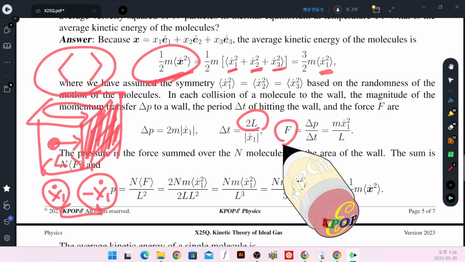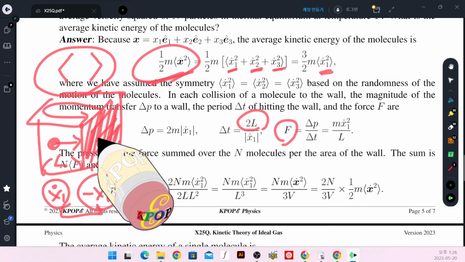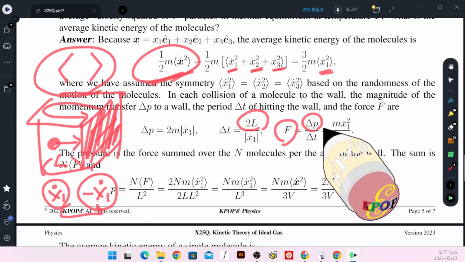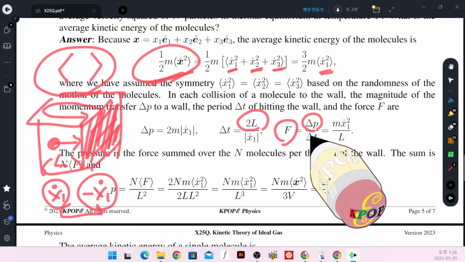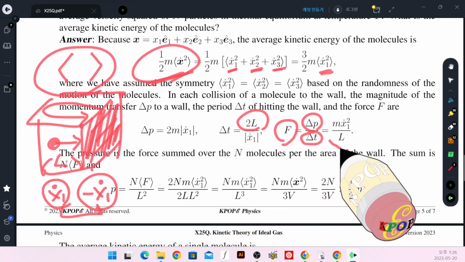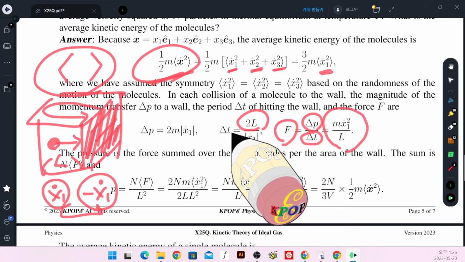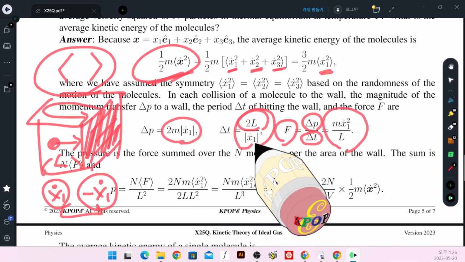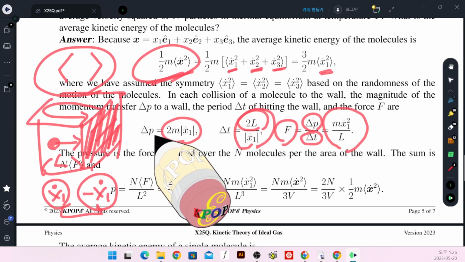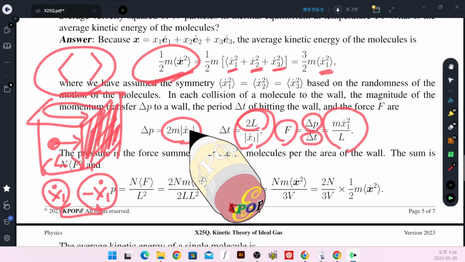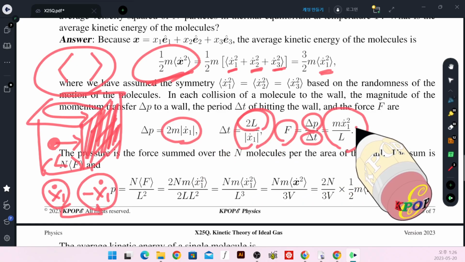The force applied to the wall is the momentum transfer divided by the period. So we have this formula, delta p divided by this. The factor of 2 cancels, and we have L in the denominator, and the velocity is squared.